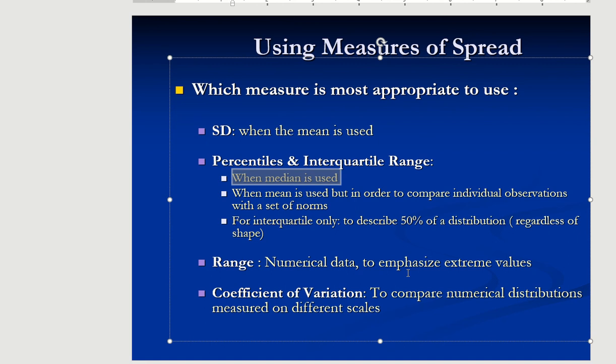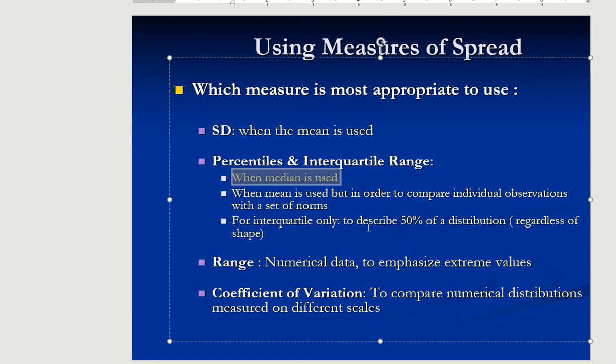The median tells where the data is, the central tendency, and the interquartile range says how much variability there is in the data, the measure of spread. Now, percentiles are also used just as an indication of an individual value. For example, if you sit for an exam like the MCAT or the SAT, you're given your percentile so that you know how you fared compared to others.